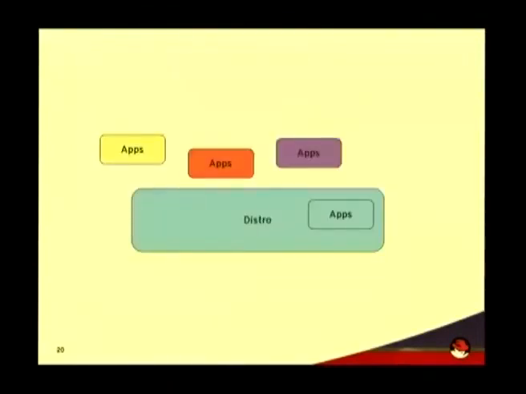So the biggest question that I wanted to bring up with this talk was, when we look at applications, where the applications sit and how they are managed makes a huge difference. Typically inside the distro, we have apps. We've had the LAMP stack inside a distro for the longest time.